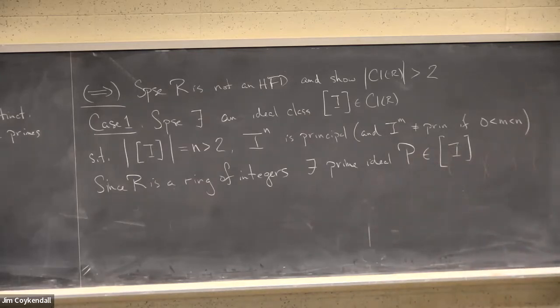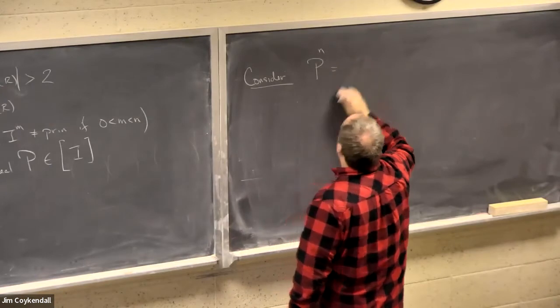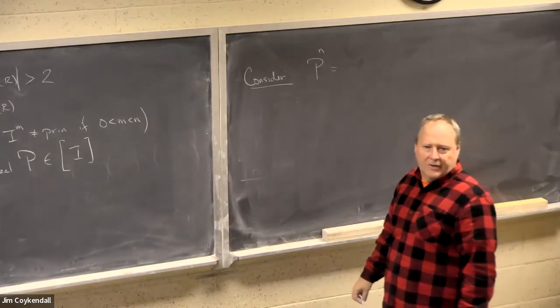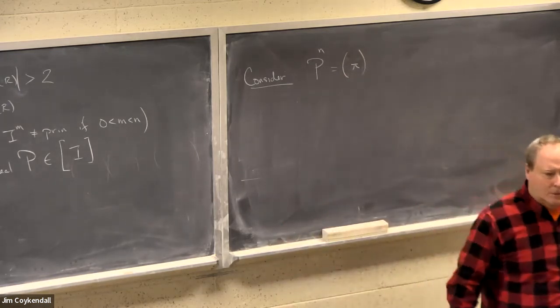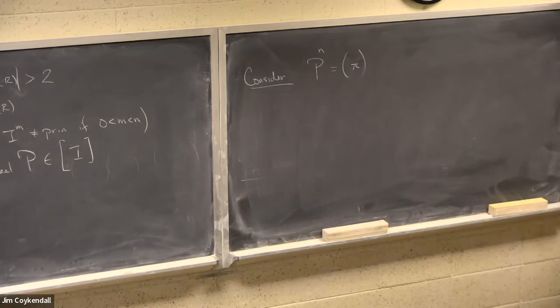So consider, well, I know that P to the n is principal, and let's say that it is generated by pi. I know that any ideal in the ideal class of I, including P, has its nth power principal. So there we go. What sweet and sexy thing can I say about pi?